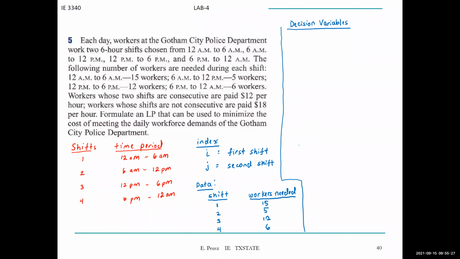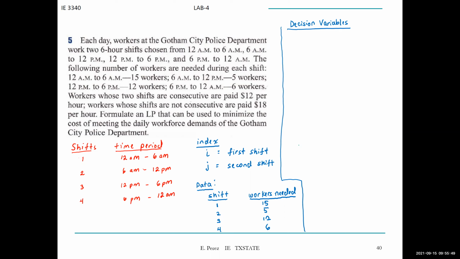Okay, so let's discuss this problem. I already wrote some of the information that was given in the problem. We have 4 different shifts. These are 6-hour shifts, and I have listed them using numbers.